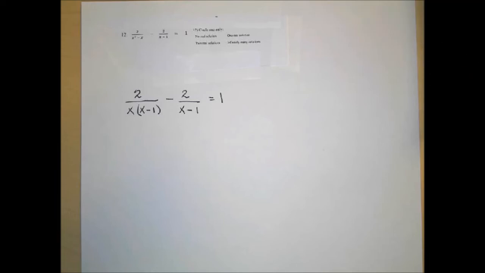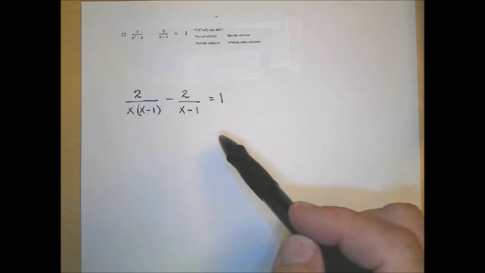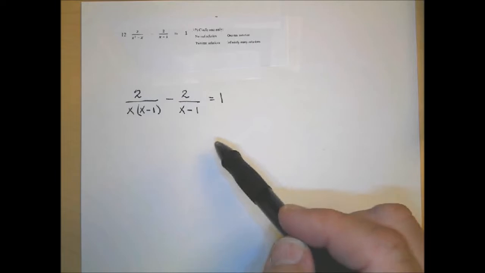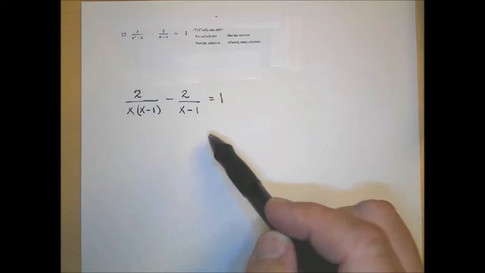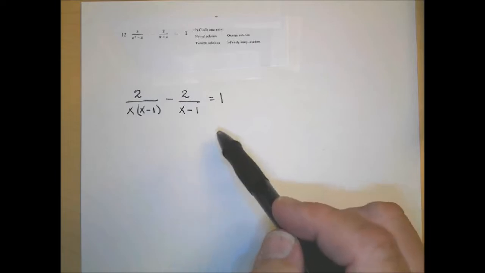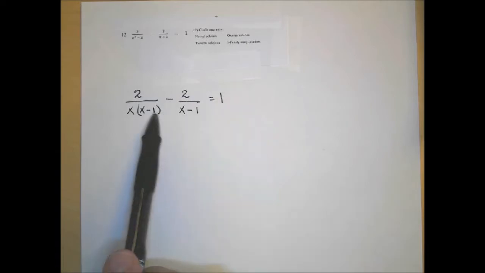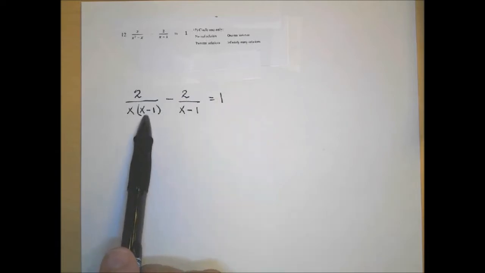Okay, I've already started problem number 12, as you can see, by factoring each denominator. The reason I needed to factor each denominator on this one is because I needed to know what the denominators were made up of. So on this first fraction, the denominator is made up of x times x minus 1.